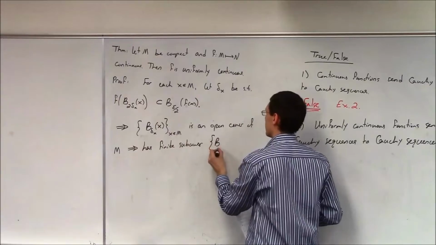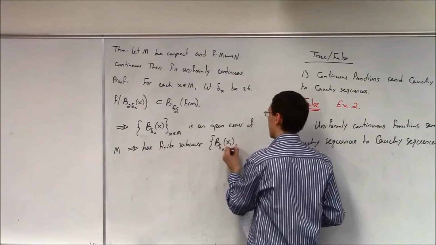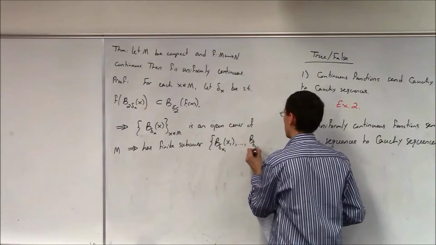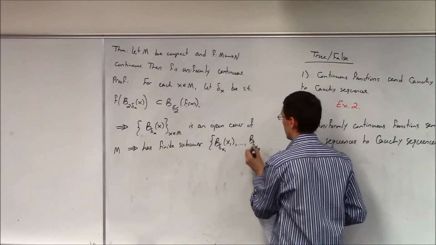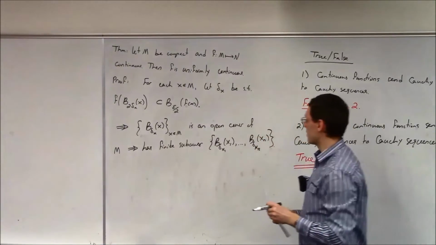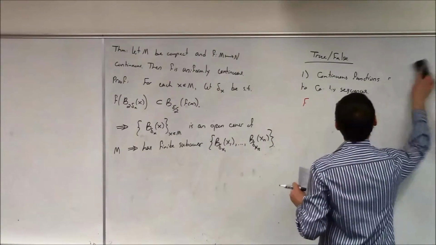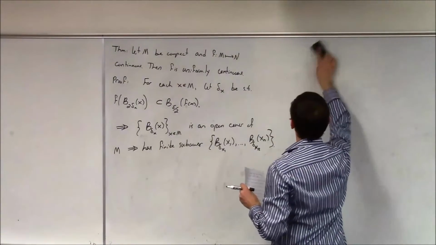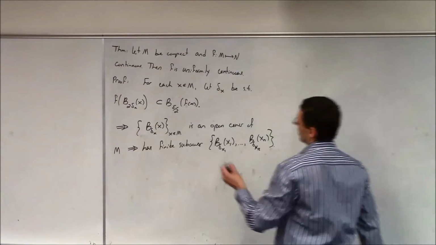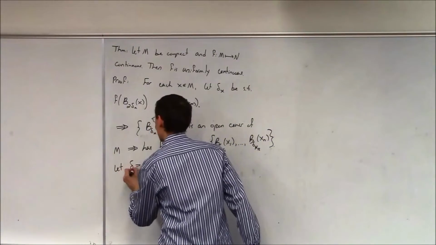Maybe this is going to be some ball of radius delta x1 centered at x1 all the way to ball of radius delta xn centered at xn. That's going to be the finite subcover. Let delta be the minimum.